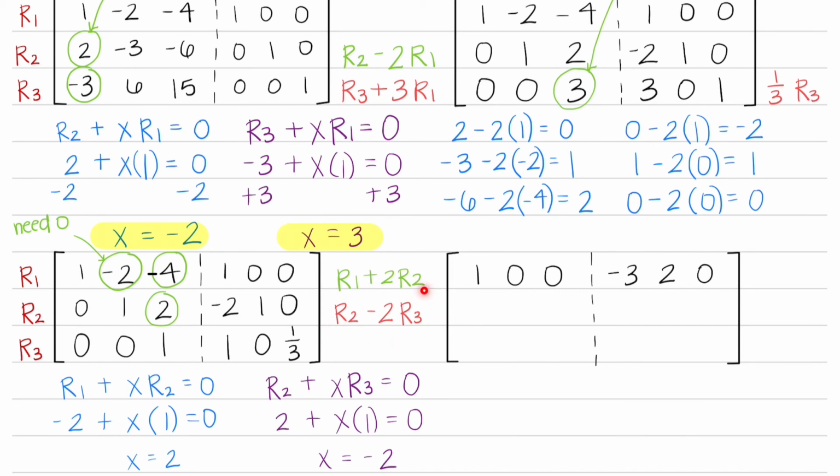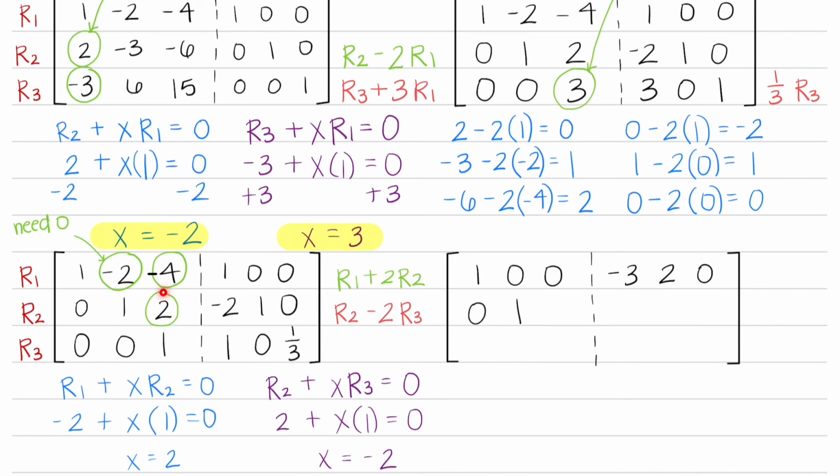Now let's apply this formula to every term in row 2. Let's start with the first term. 0 minus 2 times the first term in row 3, which is 0, so you're just left with 0. The second term, 1 minus 2 times the second term in row 3, which is 0, so you're just left with 1.